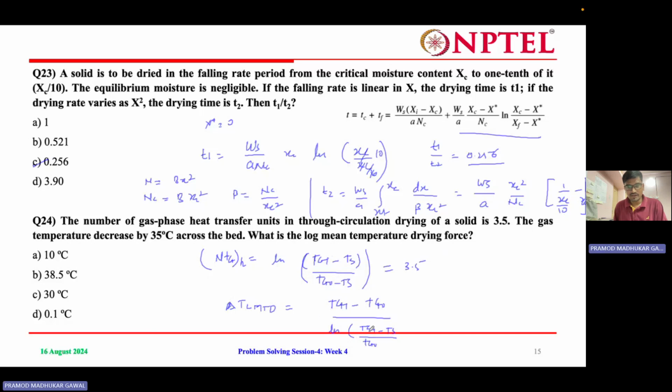So you can write it down as NTG. The gas temperature decreased by 35 degrees Celsius, by NTG 3.5, so it's 10. Option E is correct.